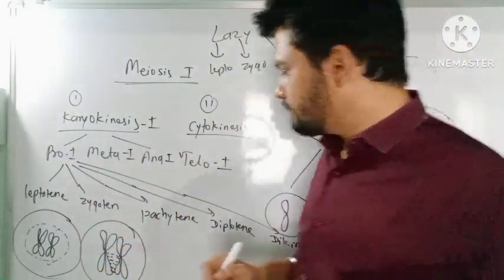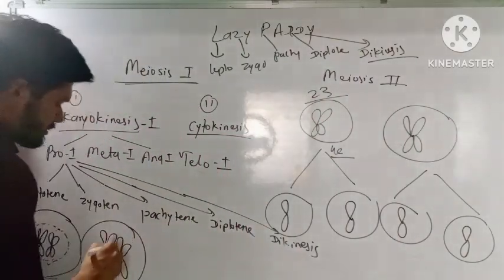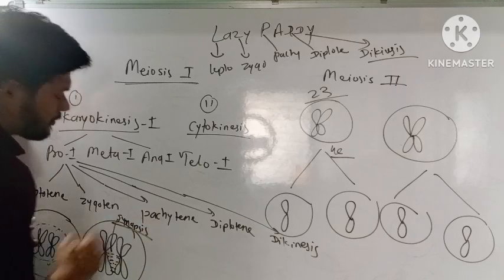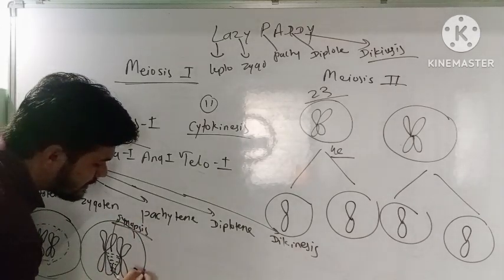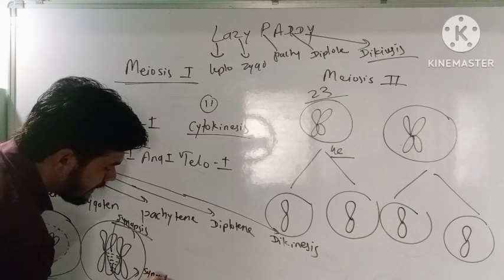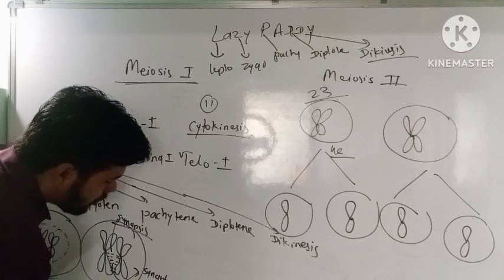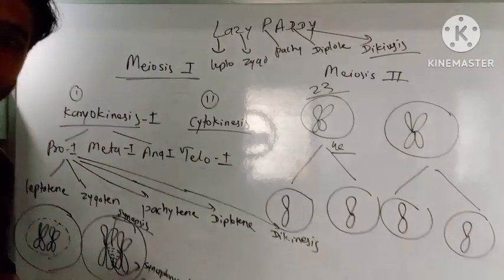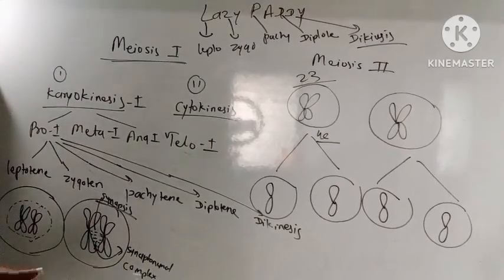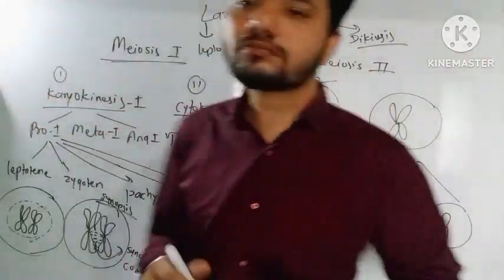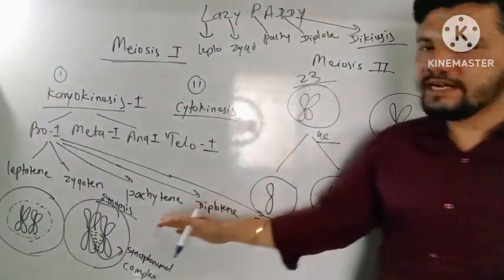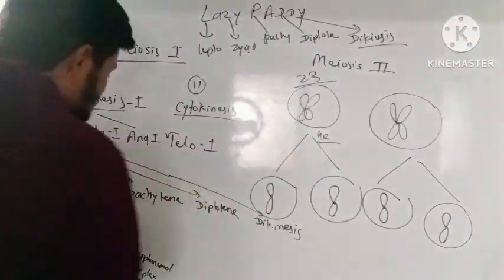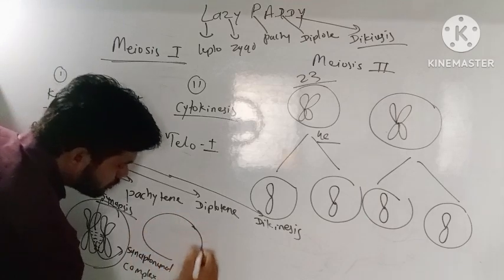So they are forming the synaptonemal complex. This process is called synapsis, and these fibers are called the synaptonemal complex. I hope it is visible to you. Then in pachytene, these two homologous chromosomes will do a crossover.